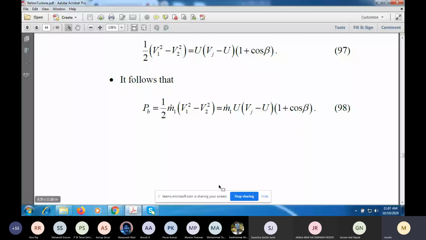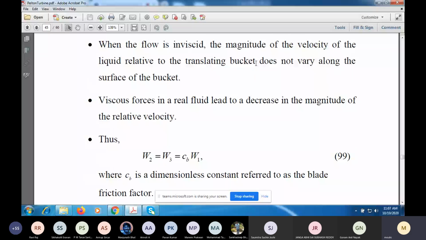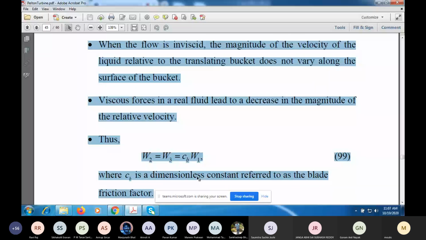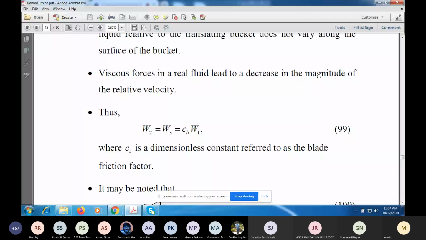Okay, now we have discussed the effect of blade friction by introducing an empirical factor, a dimensionless constant, which we call Cb, the blade friction coefficient. So C stands for coefficient or constant and B for blade.